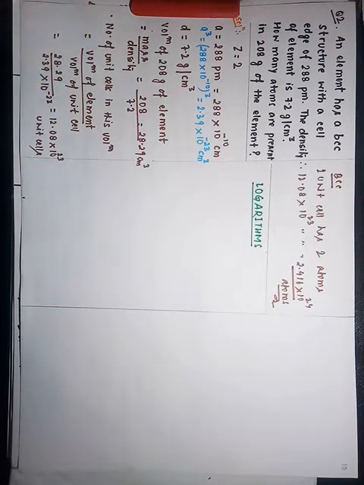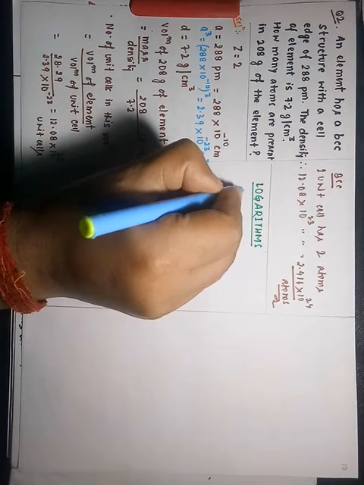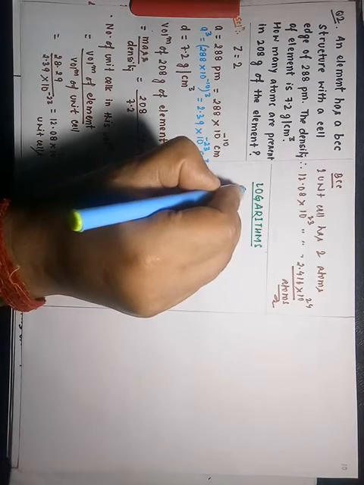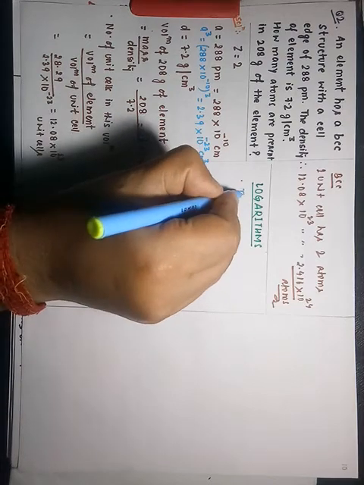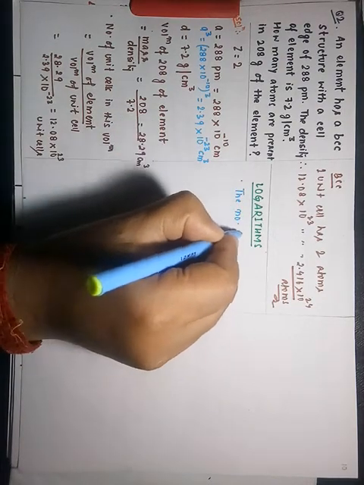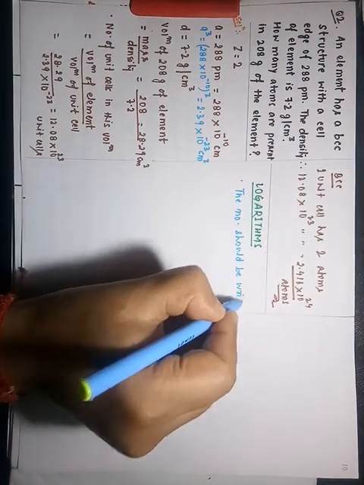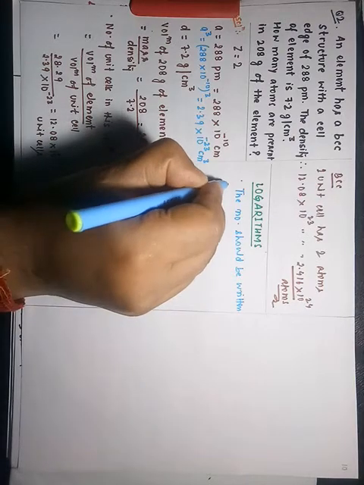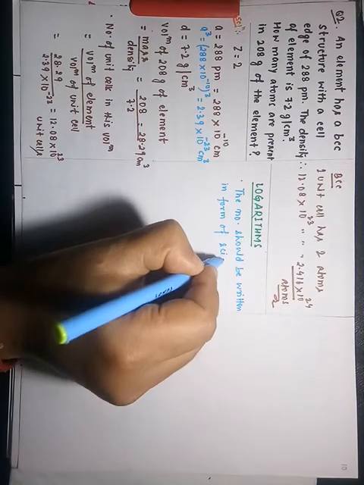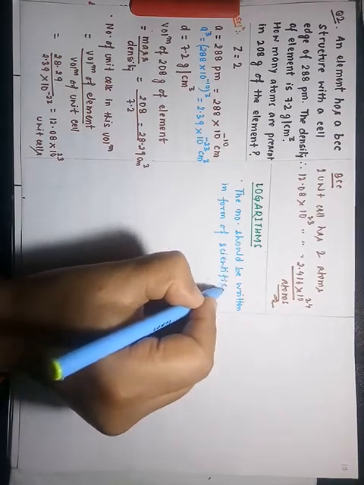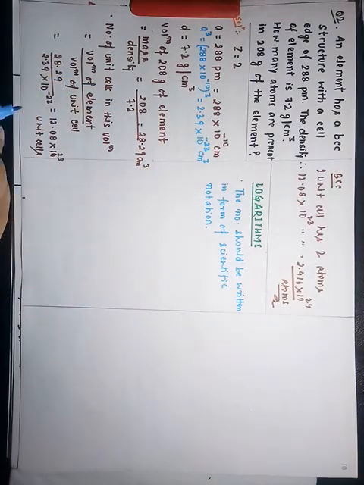So student, in logarithm, the very fundamental thing is, the number should be written in form of scientific notation, which means that decimal should be placed after first digit.